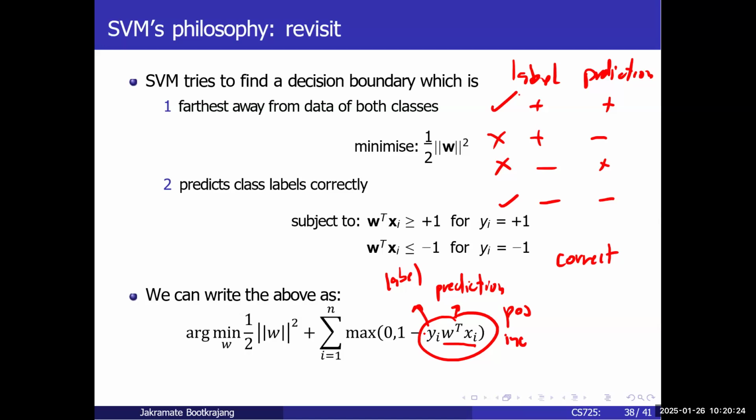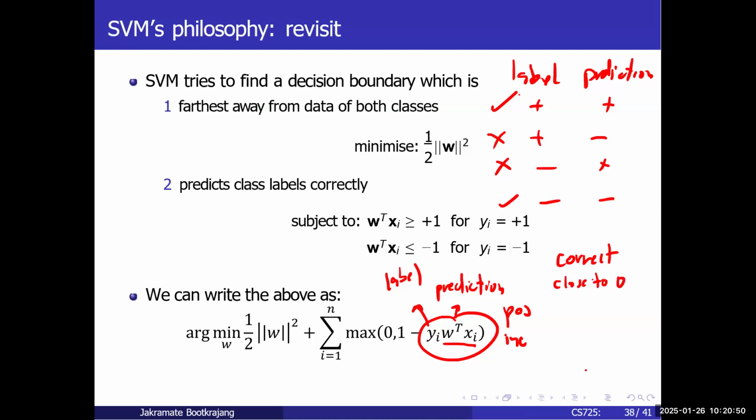So one minus a positive number, you will get a very low number, right? If it is greater than one, then you will still get zero, because we take the max between zero and this expression. So for the correct, you get a number that is close to zero, right?